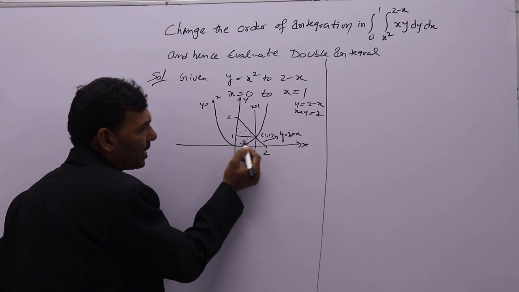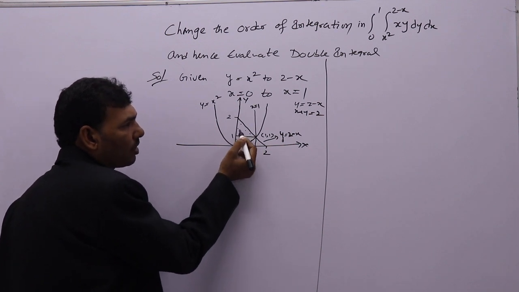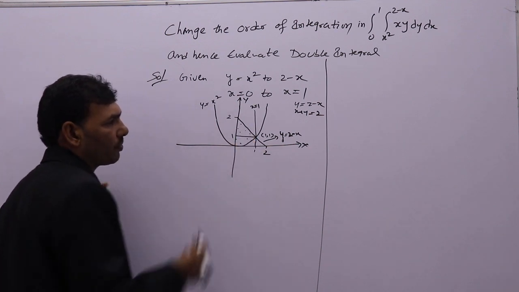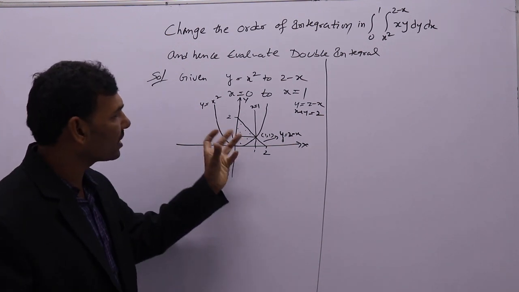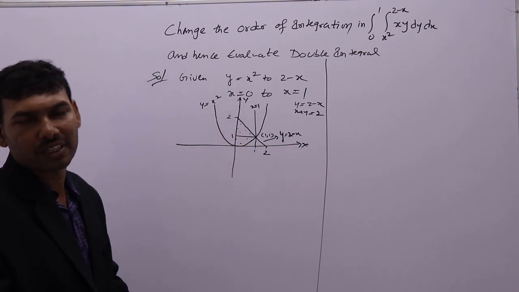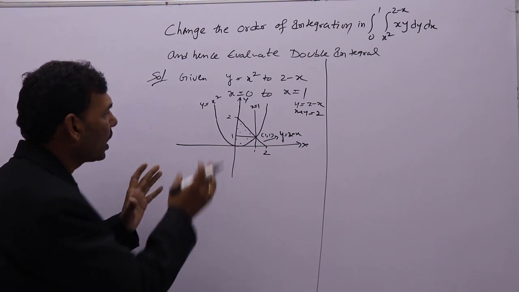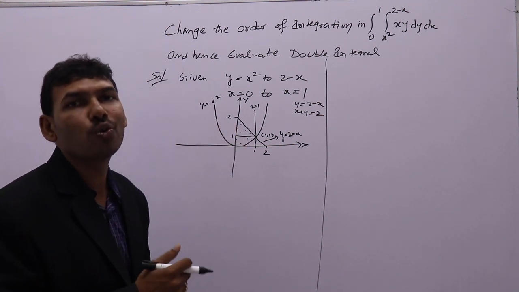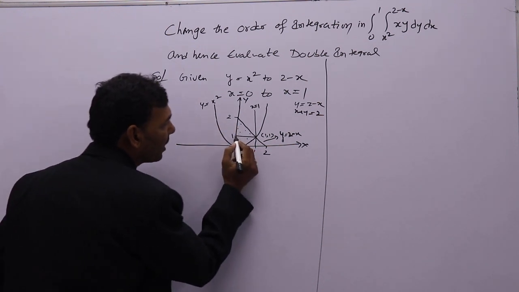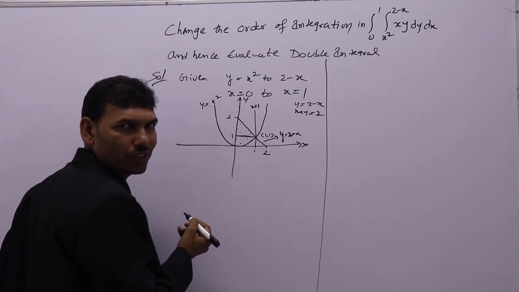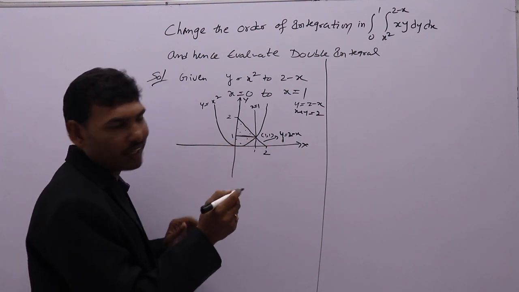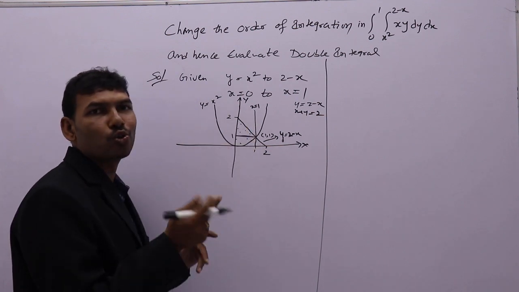If you draw a strip that joins this one and this one, but here this one and this one, it is between 3 different lines. That's why you need to divide the region into 2 regions. I am dividing like this, using this line. This is not a strip, it is a line which divides this common region into 2 parts.